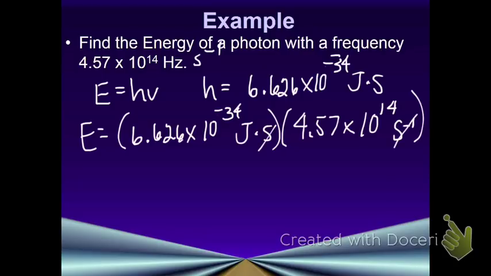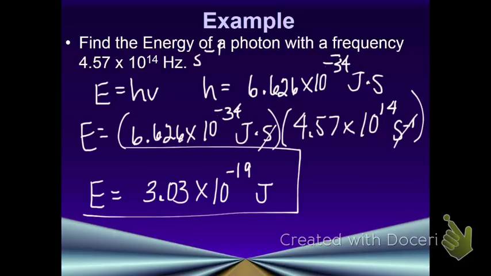So my seconds cancel out. So I am left with my energy being 3.03 times 10 to the negative 19 joules. And that would be my answer.